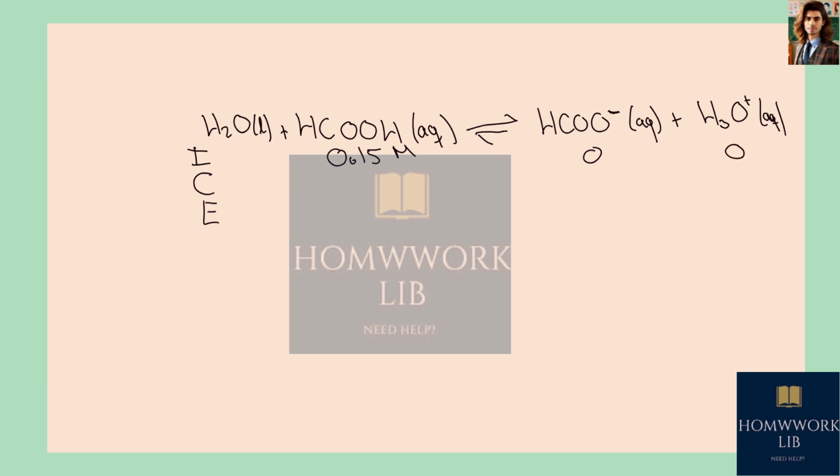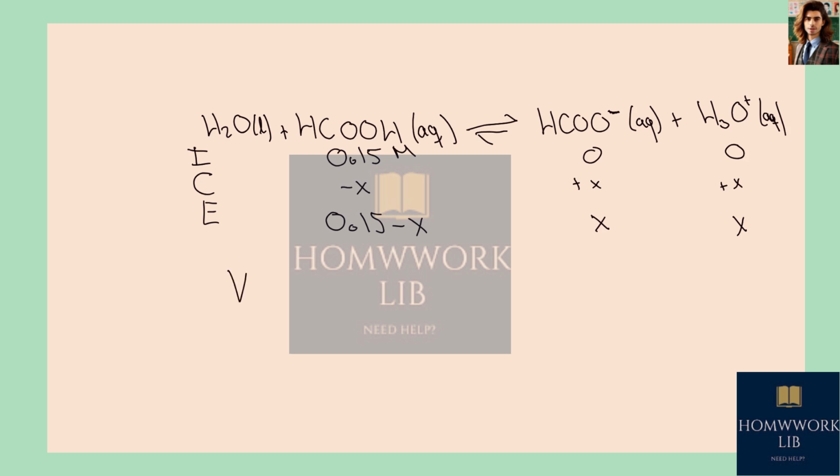Let's assume that we have a change of minus x that is going to react, so plus x and plus x is going to be produced on each of those sides. This means that at equilibrium, we're going to have 0.15 minus x, x, and x.